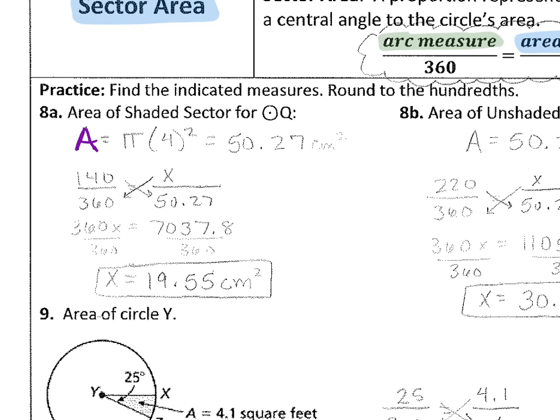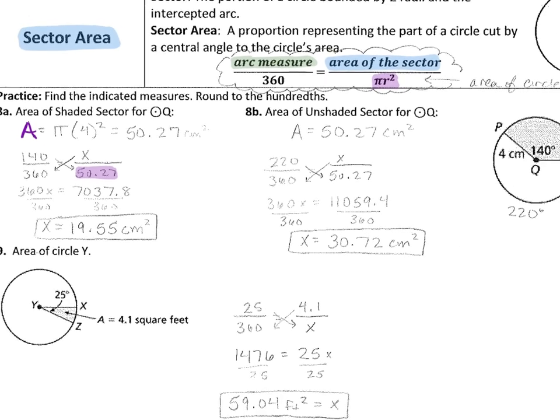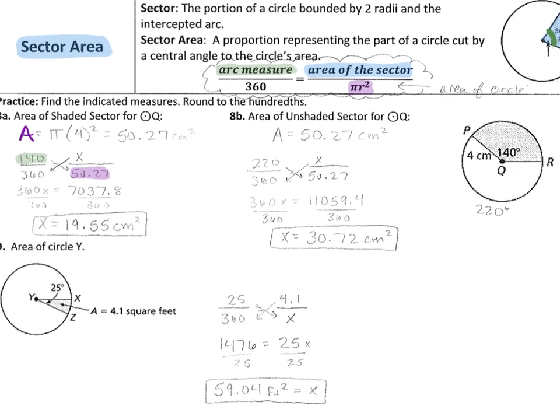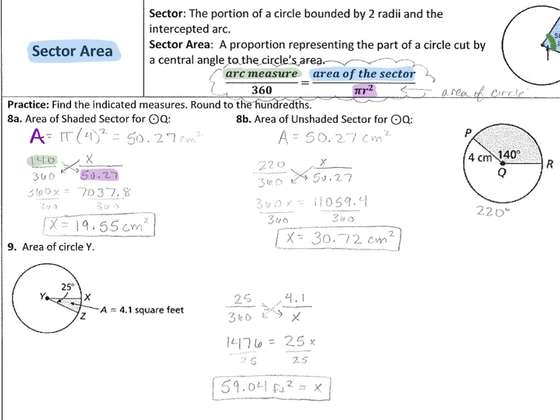So that number goes in the area portion of my proportion. I can see that the shaded sector Q has an arc measure of 140 degrees. That's how long it takes to go around the arc itself in degrees. And we're looking for that sector area. We can cross multiply, we can divide. I know we have those algebra skills, so now you just have a good example to remind you what to do.